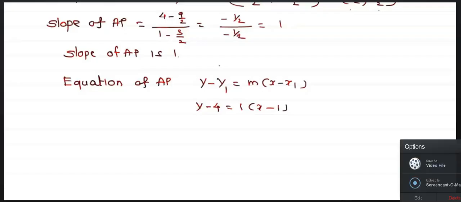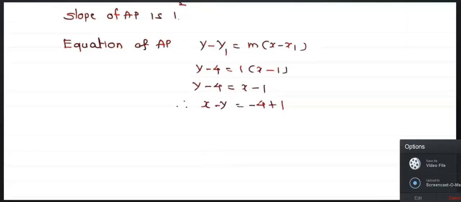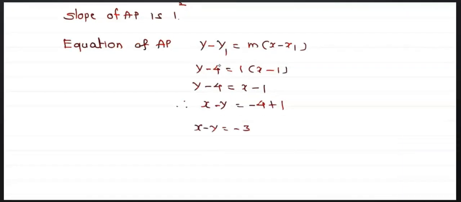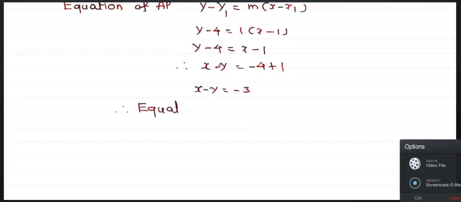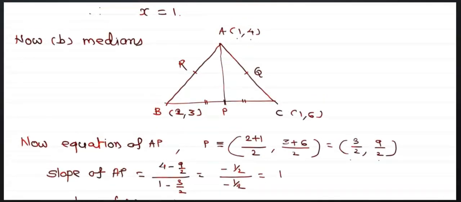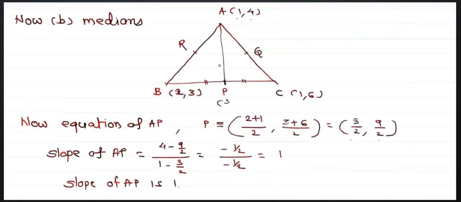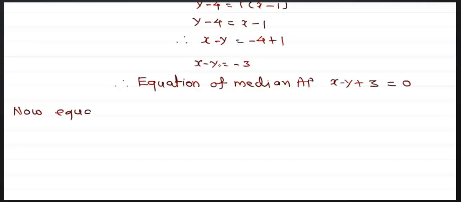This is the simple one. We have solved this type of example a number of times. X minus y is equal to minus 3. This is the equation of the median AP. X minus y plus 3 is equal to 0.